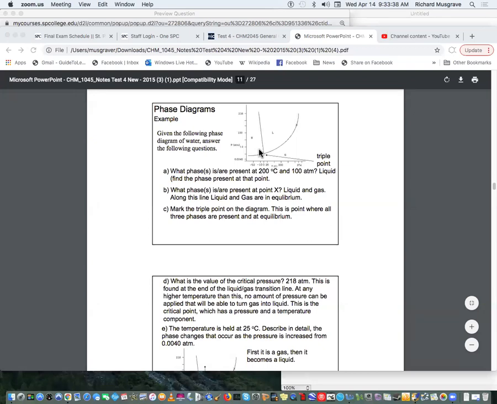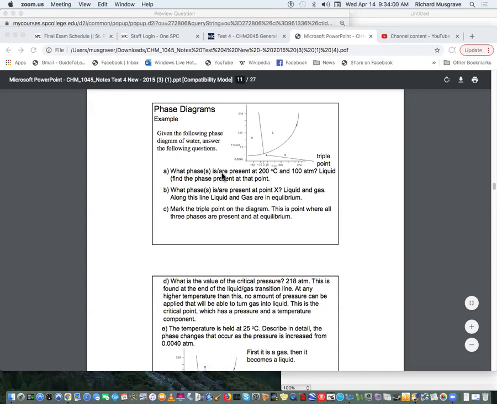Or hydroplane if you're in a car, for example. All of that is caused by the fact that the solid phase is less dense than the liquid phase, which is kind of weird, and which leads to this line that slopes in a negative direction rather than in a positive one. So let's answer some questions about the phase diagram and we'll see how we do that.